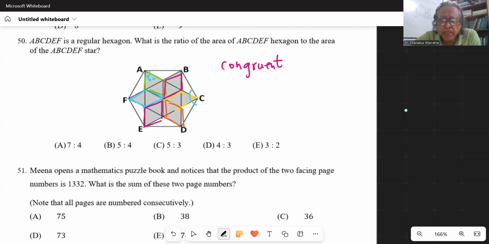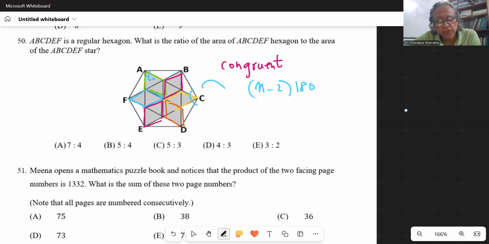We know that in a convex polygon, interior angles sum up to n minus 2 times 180, where n is the number of sides.